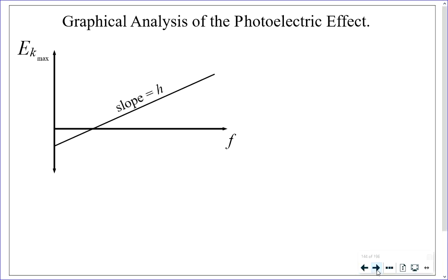Now, why is that the case? Well, if you take a look, and this is the threshold frequency, which we will get to. If you take a look at the equation of any straight line, which is y equals mx plus b, and you compare it to the photoelectric equation that we just developed, you can see some direct comparisons.